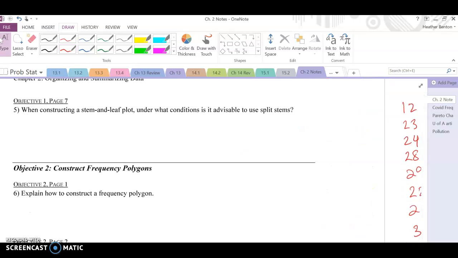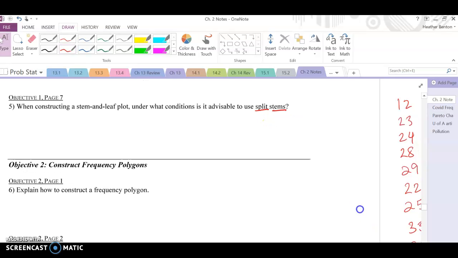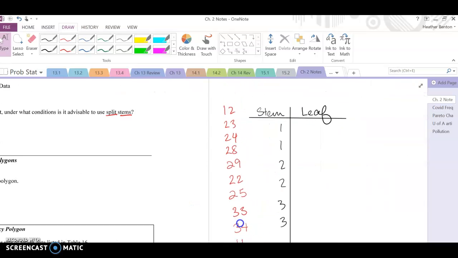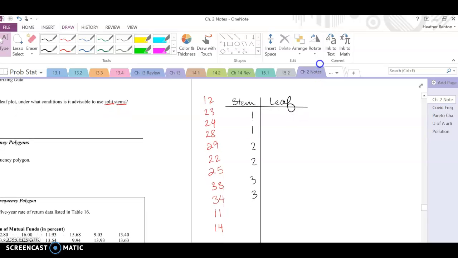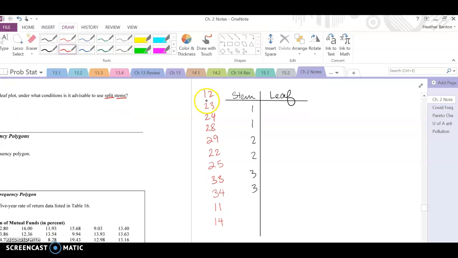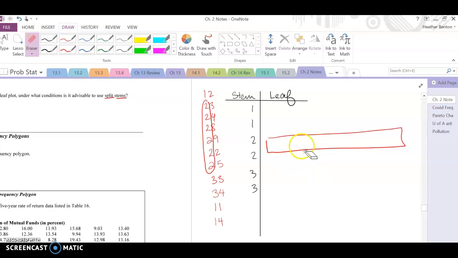And then the last question about stem and leaf plots says, when constructing a stem and leaf plot, under what conditions is it advisable to split stems? And you're saying, what is a split stem, Ms. Benton? Well, I have an example over here where I've split my stems, and the idea is if you have a lot of the same numbers, let's say like you had a really tall peak on your 2s, you might want to split those up.